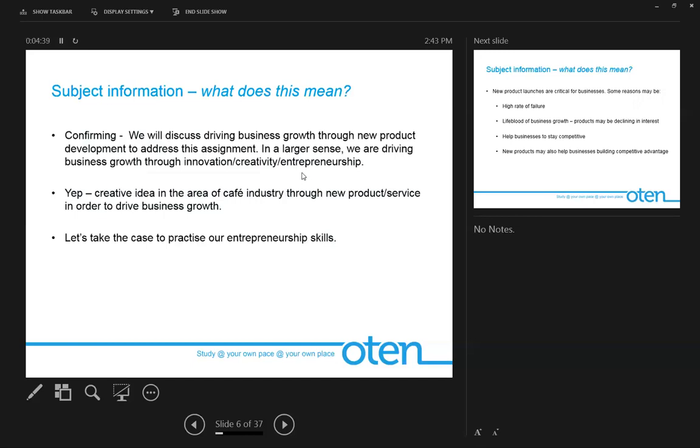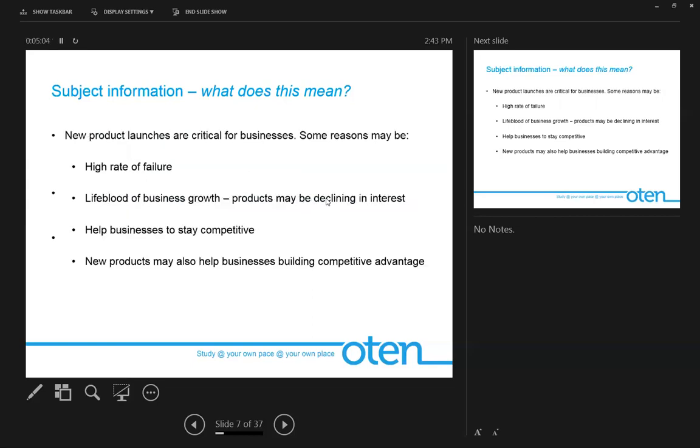So the creative idea in here is actually in the area of the cafe industry, through driving new product or service or potentially new markets in order to drive business growth. So let's take this case to practice our entrepreneurship skills. At the end of the day, we also need to demonstrate that in our organization.